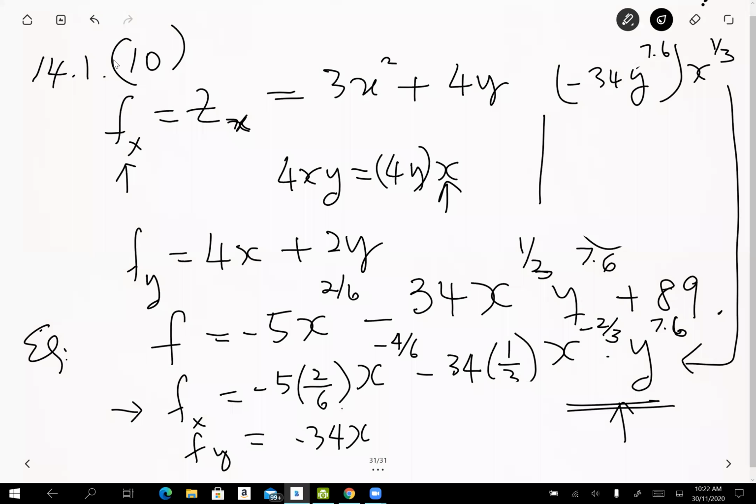You multiply that by 7.6, y, reduce the power by 1, 6.6, so that we know it is the coefficient of the y. All right. So good.